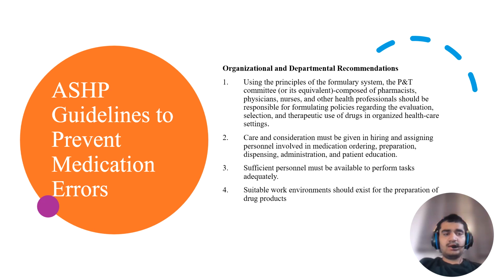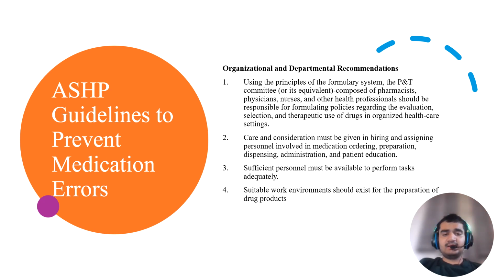Now moving on to the ASHP guidelines to prevent medication errors. Organization and departmental recommendations: the principle of the formulary system, the P and T committee or its equivalent, composed of pharmacists, physicians and nurses and other health professionals, to be responsible for formulating policies regarding the evaluation, selection and therapeutic use of drugs in organized healthcare settings.